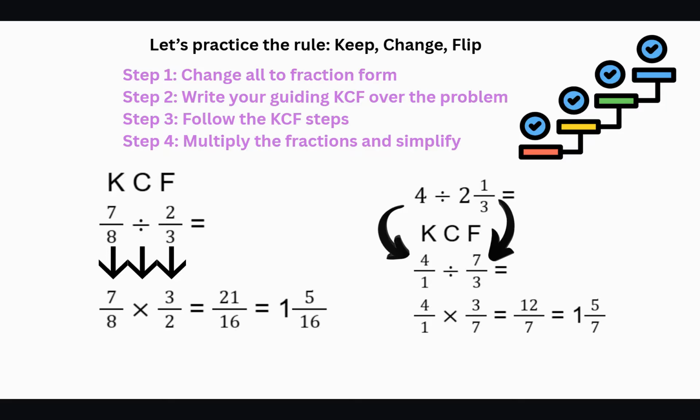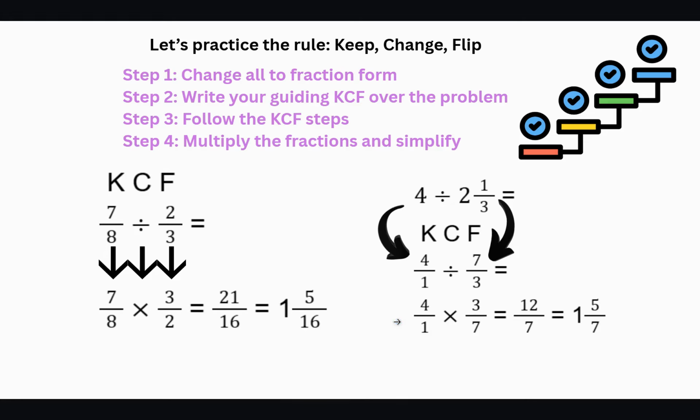Now, once you have everything in that fraction form, numerator over denominator, at that point, go ahead and write down your guiding letters on top, KCF, and then follow those steps. So keep, change, flip, multiply your fractions. We can see 4 times 3 is 12, and 1 times 7 is 7.